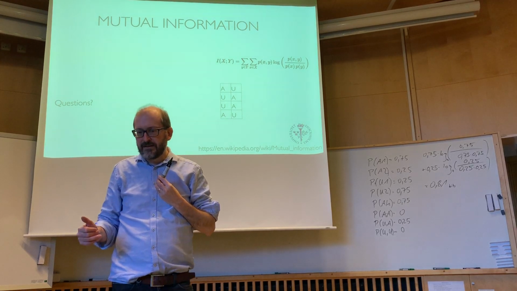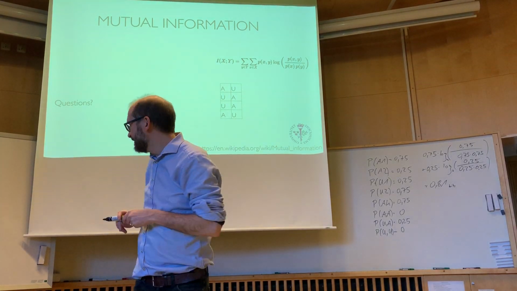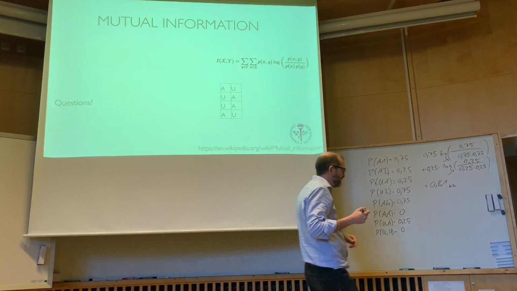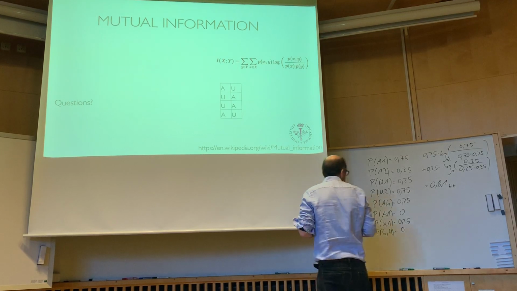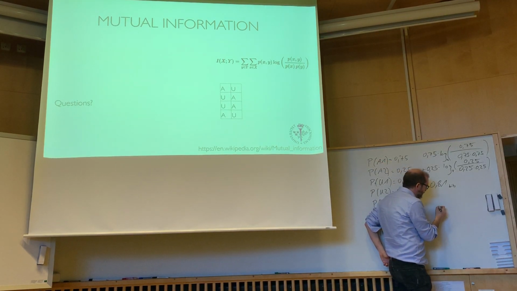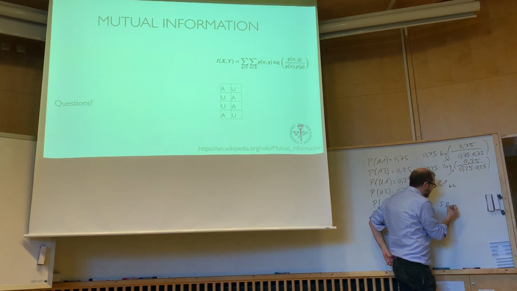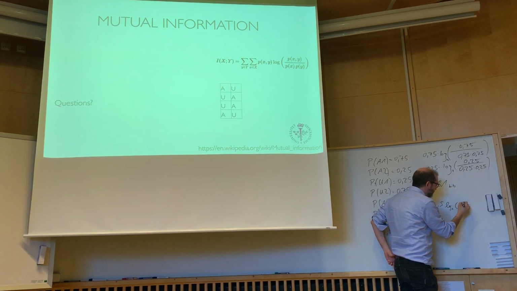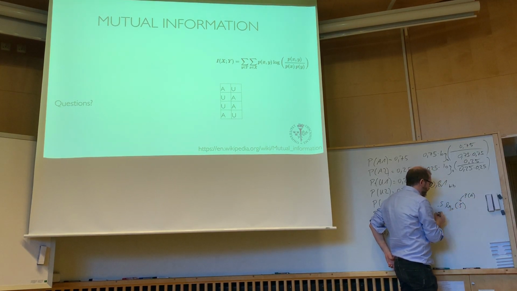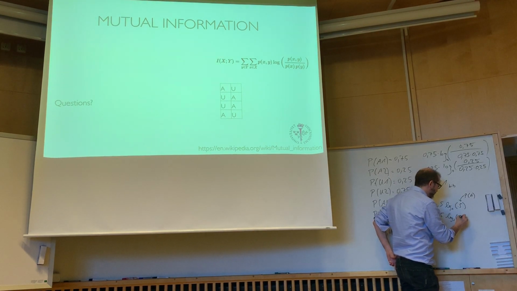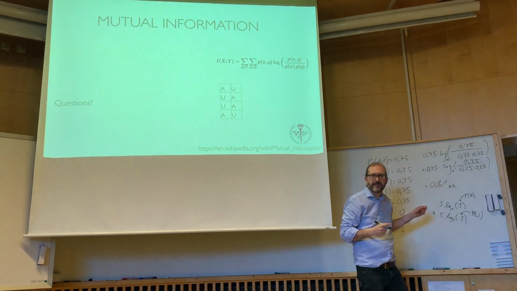Yes. So technically, the amount of information in this variable is 0.5 log base 2 of 0.5. This is, let's say, the probability of A, plus 0.5 log of 0.5, where this 0.5 is the probability of U. Confirm for me that adds up to 1.